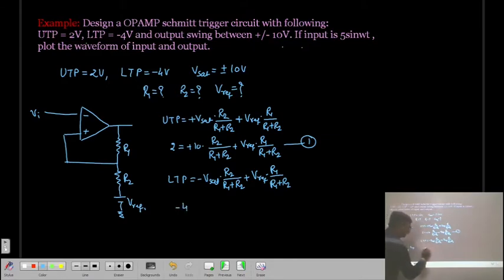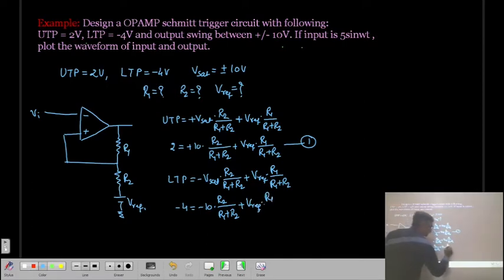So minus 4 equals minus V saturation, which is minus 10 volt, into R2 divided by R1 plus R2 plus V reference into R1 divided by R1 plus R2. This is my expression number 2. So if we solve equations number 1 and 2, then you will get the value of the reference voltage as well as R1 and R2.